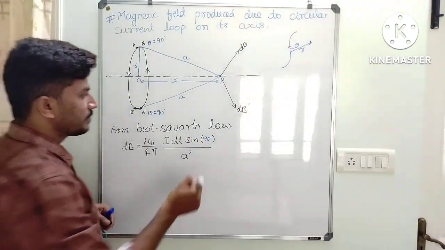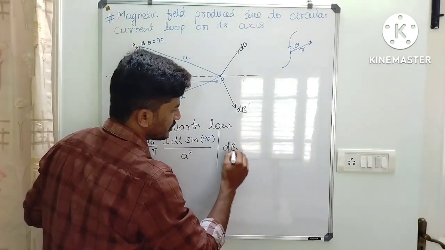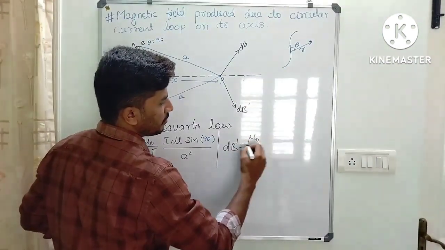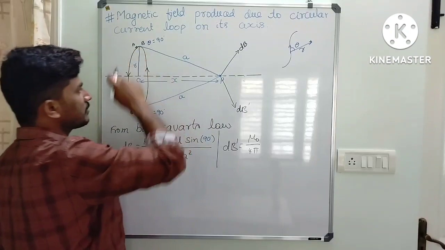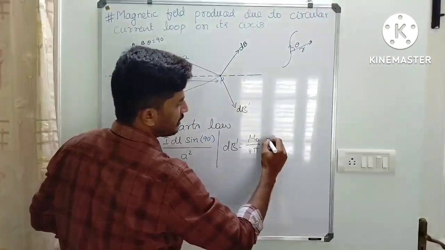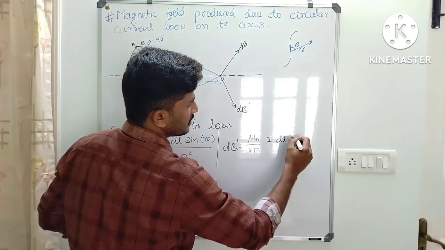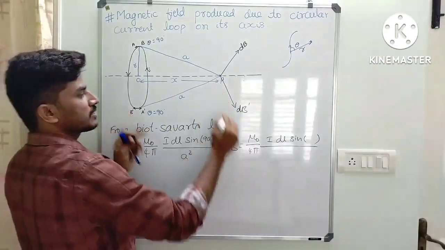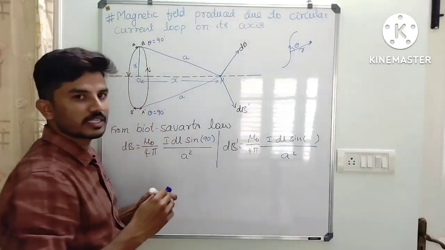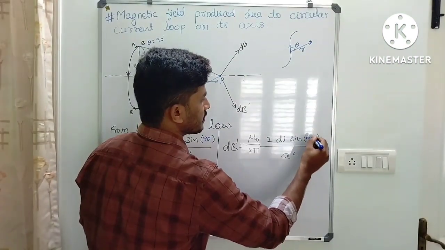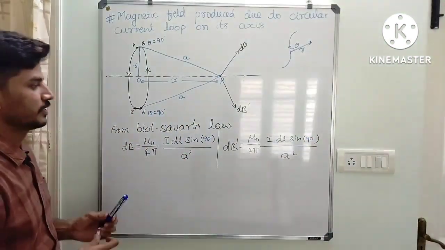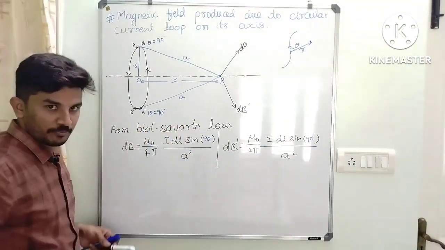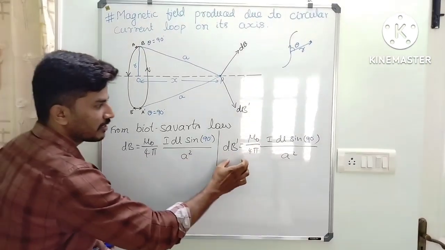In the same manner, let me write dB dash, the magnetic field due to this current element, that is equal to mu naught by 4 pi, I dl sin 90 degree divided by distance a square. Therefore dB value and dB dash value are the same.